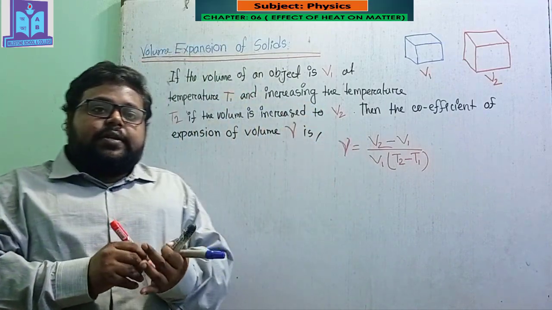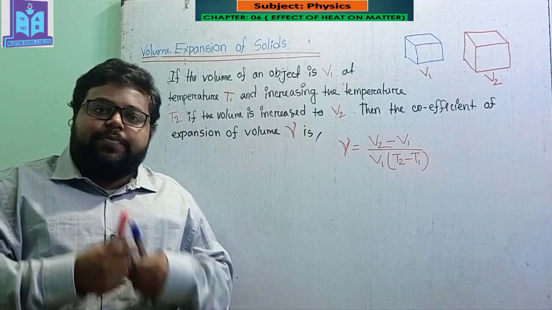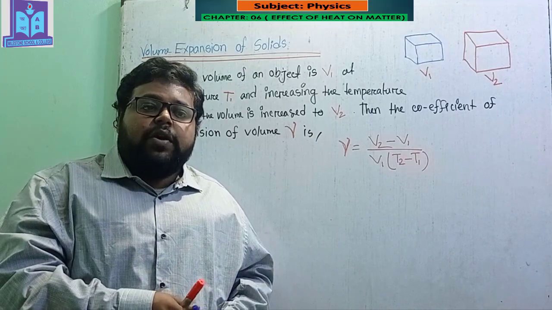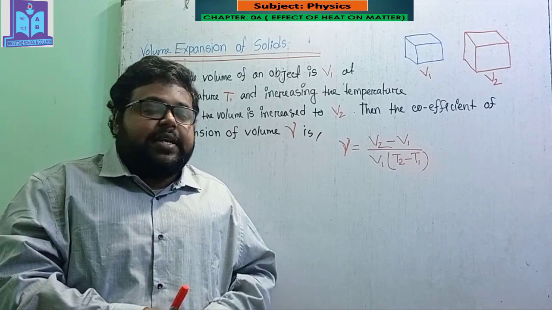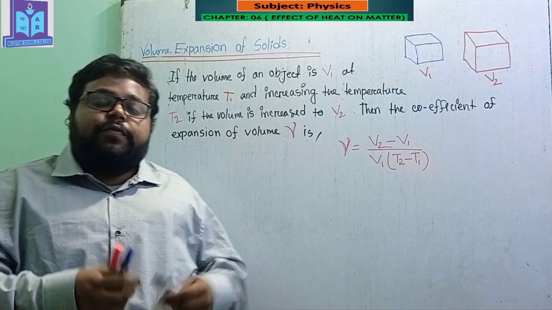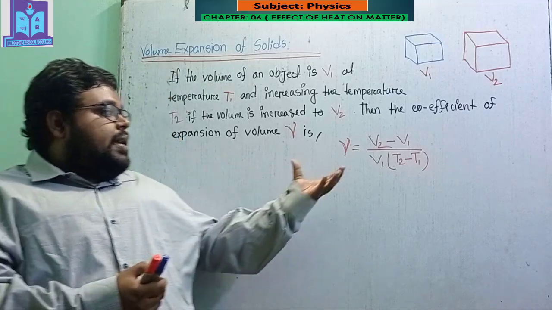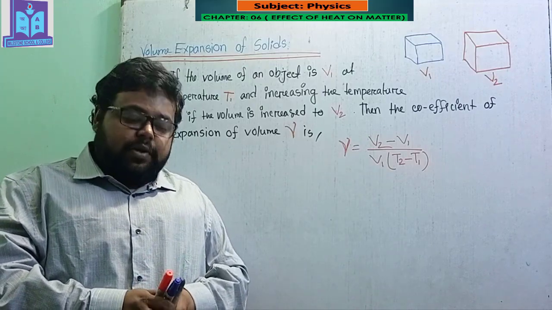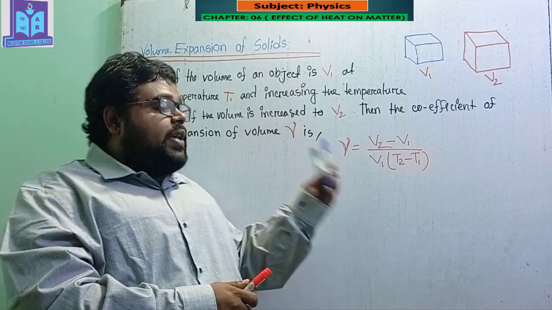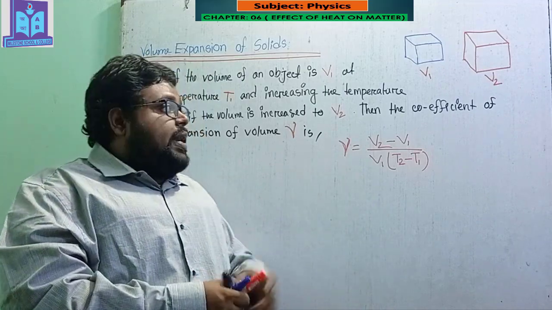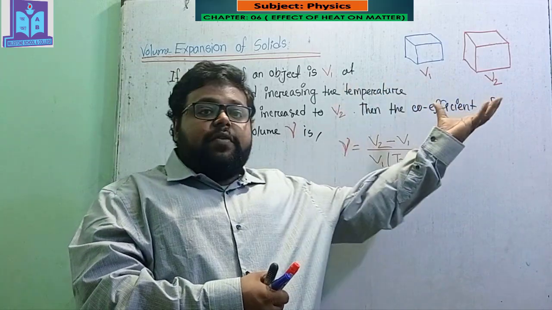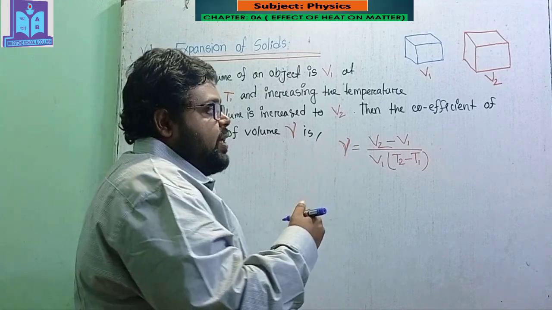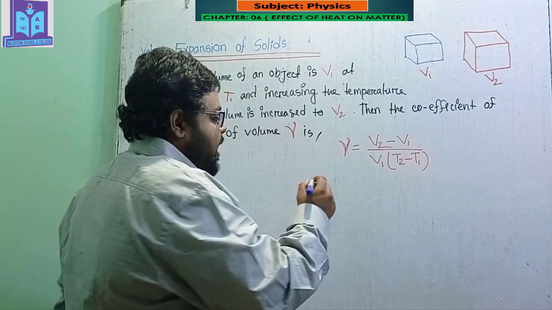And dear student, do you know what the coefficient of volume expansion is? The ratio of the increase in volume to the original volume for a 1 Kelvin rise in temperature is called the coefficient of volume expansion, and this is its formula. By using that formula, we can easily find the expanded volume.